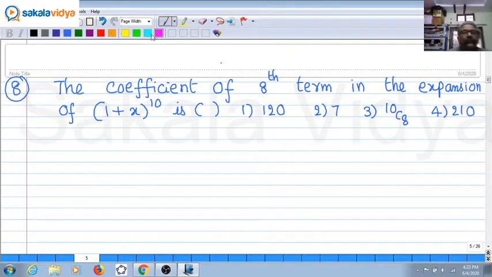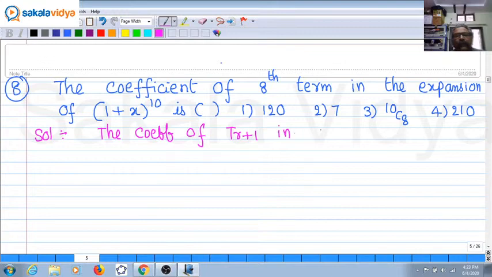See, now this question can be done like this. Solution. The coefficient of T r plus 1, the general term in (1 plus x) whole to the power of 10, is equal to nCr. This is the formula.